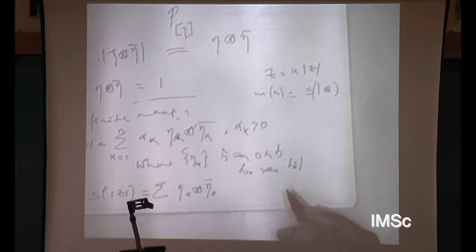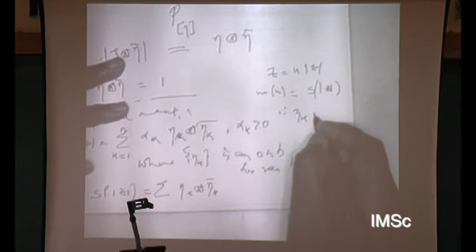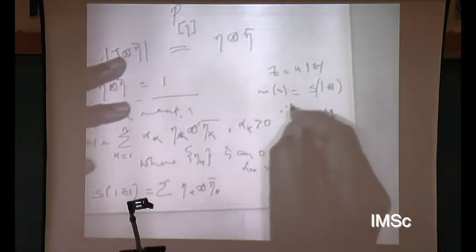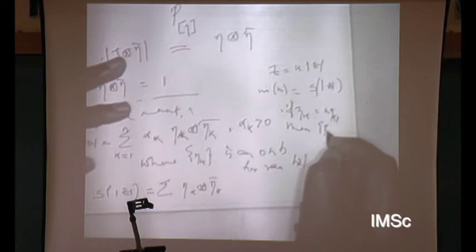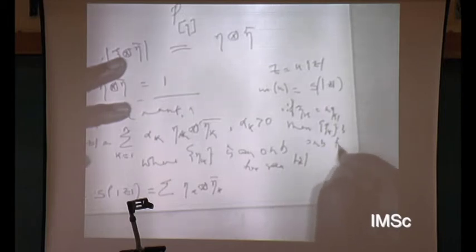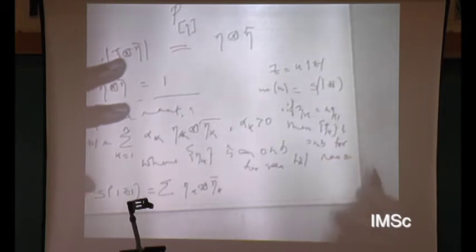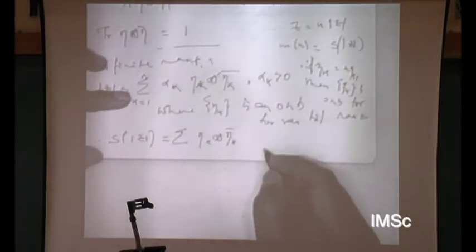But that means the eta k's are an orthonormal basis for the initial space of U. So it will follow that U of eta k's will give you an orthonormal basis for the range of U. So if I write psi k equal to U of eta k, then psi k is an orthonormal basis for the final space of U, which is the same as saying the range of Z. That means, what does Z look like?